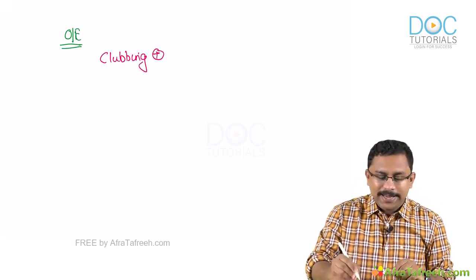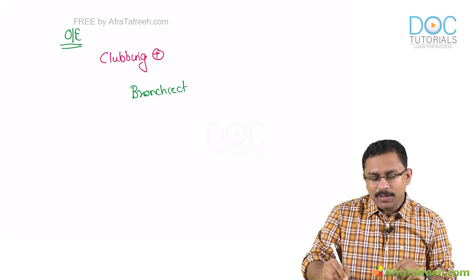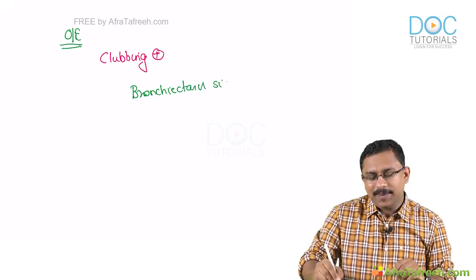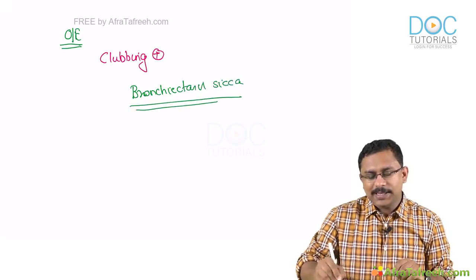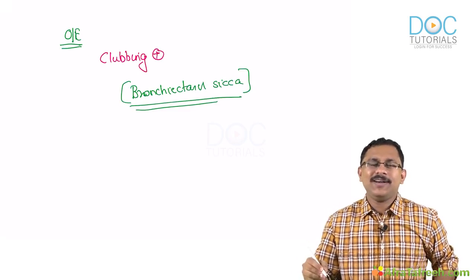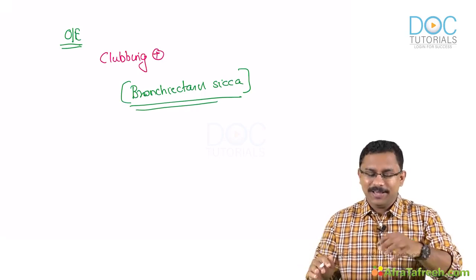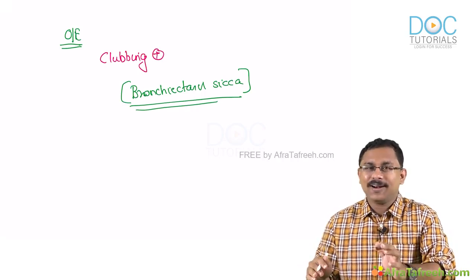However, there is a type of bronchiectasis by the name bronchiectasis sicca. Sicca means dry, no? That is a particular type of bronchiectasis where you will not have much foul smelling sputum, and you will not have clubbing, but otherwise you will have clubbing.